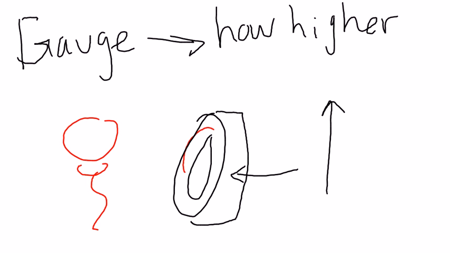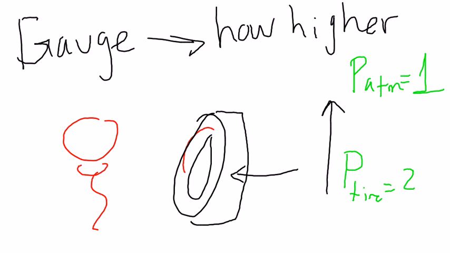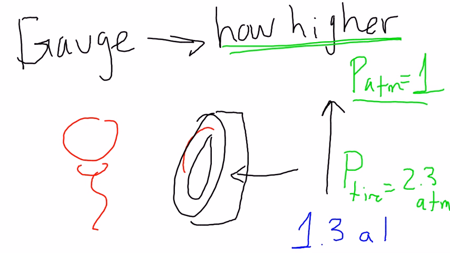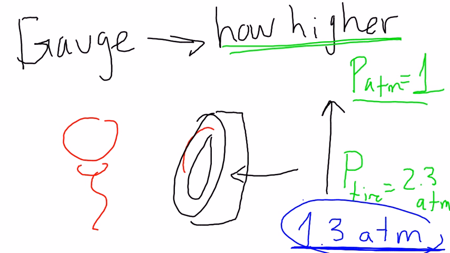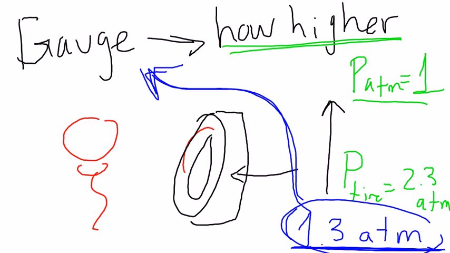If the atmospheric pressure is 1 atmosphere and the absolute pressure of the tire is 2.3 atmospheres, how much higher are we than atmospheric pressure? We are 1.3 atmospheres higher, so 1.3 atmospheres is the gauge pressure. The gauge pressure tells us how much higher we are than atmospheric pressure. We always need a reference point, which is the atmospheric pressure.